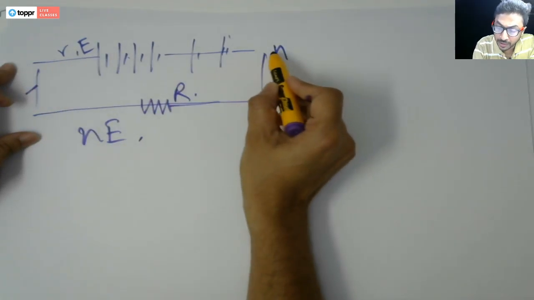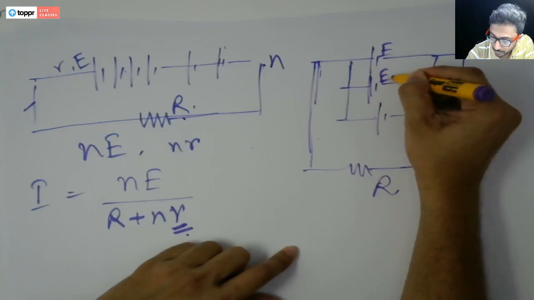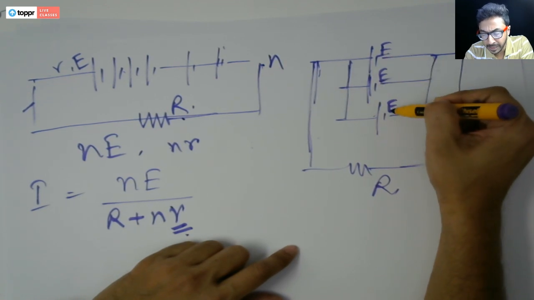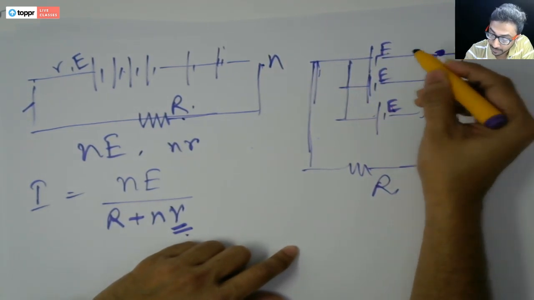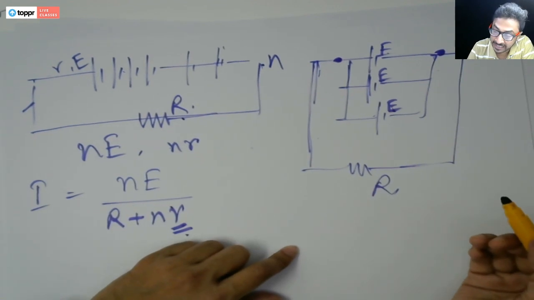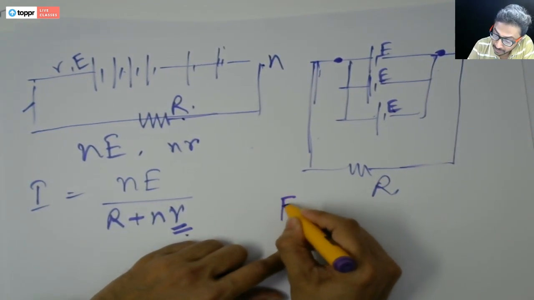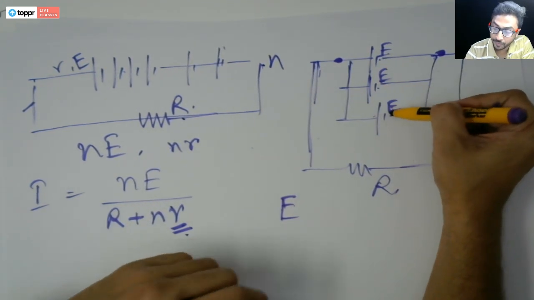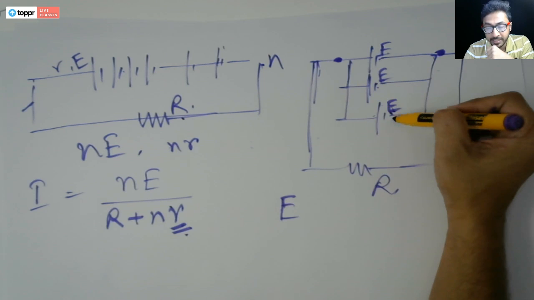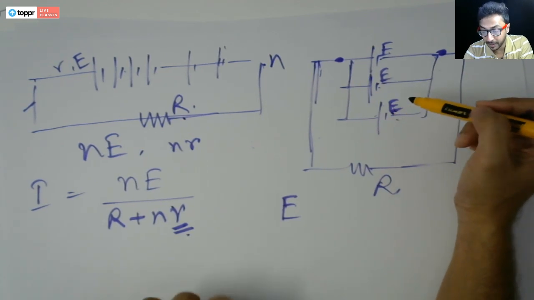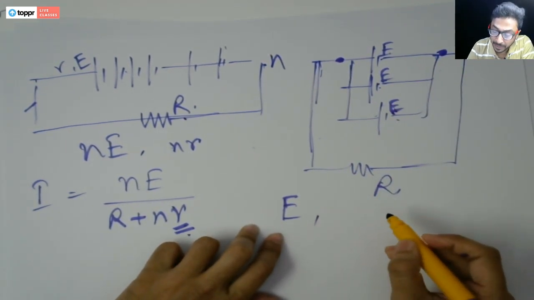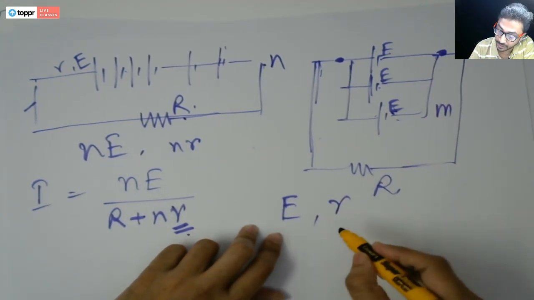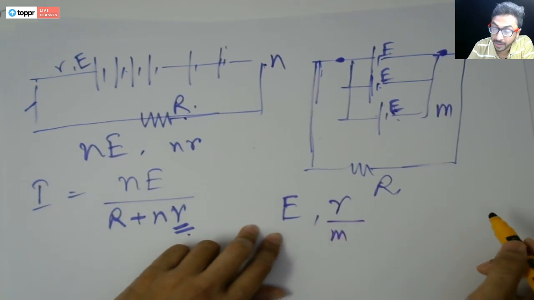What is the total? As all the cells having EMF E are in parallel, the EMF across this is E, definitely E. But what is the internal resistance? All these cells are in parallel, so the internal resistance will be r by m, say there are m number of rows like this.